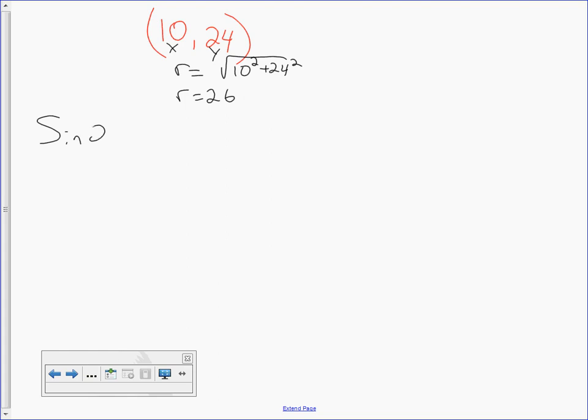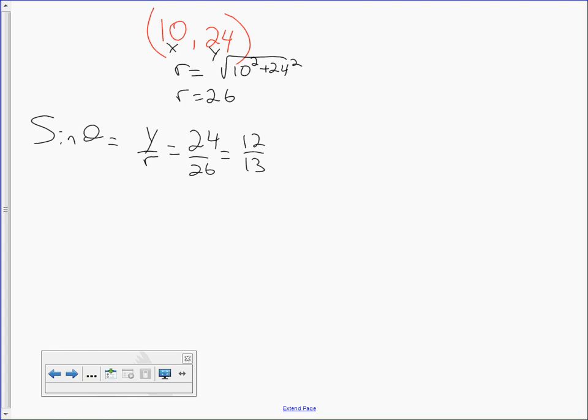So sine of theta is going to be y over r, 24 over 26, which simplifies to 12 over 13.